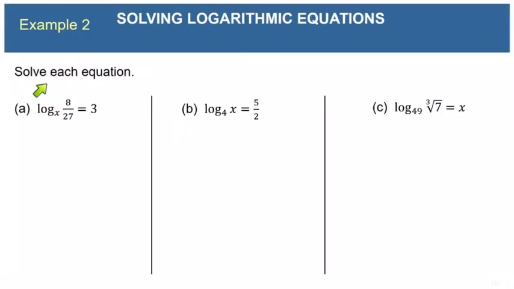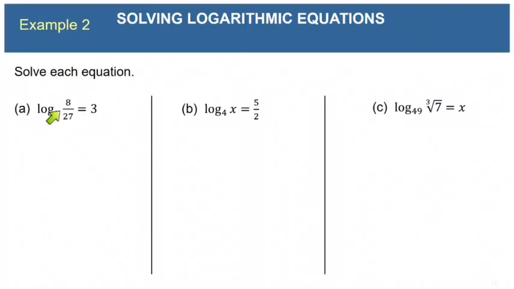Now we're in example 2, and we're ready to start solving equations. And I'm just going to go ahead and tell you that the trick to solving all of these equations is to write them in exponential form, because you got to get rid of the log notation somehow, and the way to do that is always to write it in exponential form. So here we have log base x of 8 over 27 equals 3.